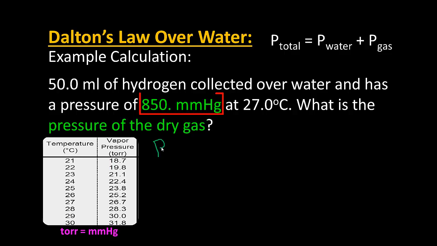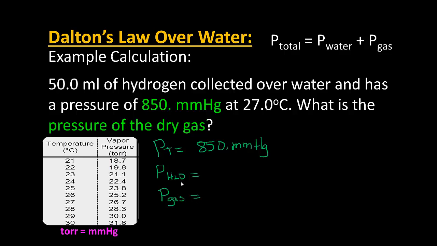So our PT is equal to 850 millimeters of mercury. We have to have the pressure of our water, and we also have to have the pressure of our dry gas. So I'm just going to call that gas because we don't know what it is. The total pressure is the pressure of wet gas, by the way.